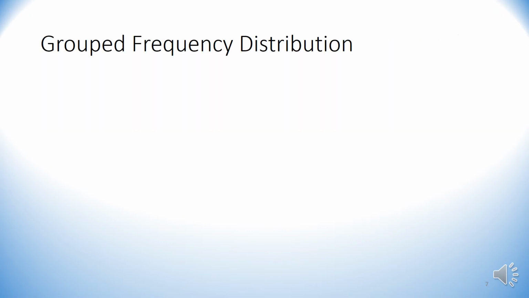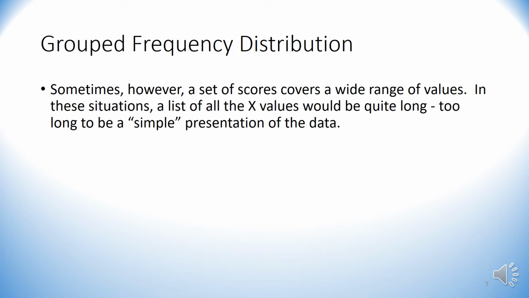Another one is the grouped frequency distribution. That means if the range of our data set or observations is wide, and we have to classify it into some classes or groups, this is what we call a grouped frequency distribution.